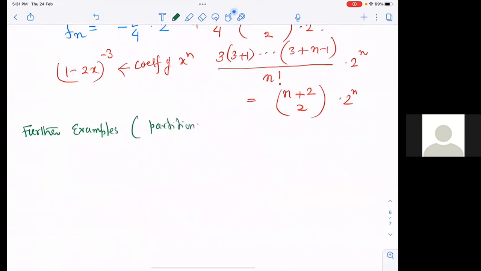Partitions. So we already introduced partitions, and that time we discussed that partitions have a special role to play in combinatorics.